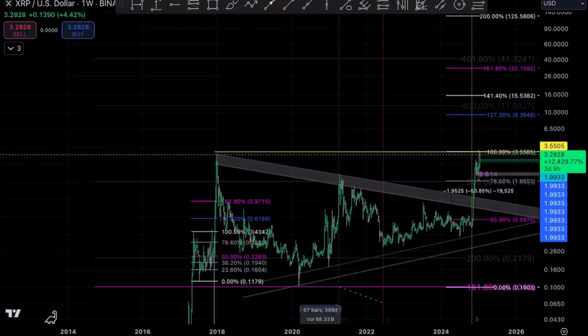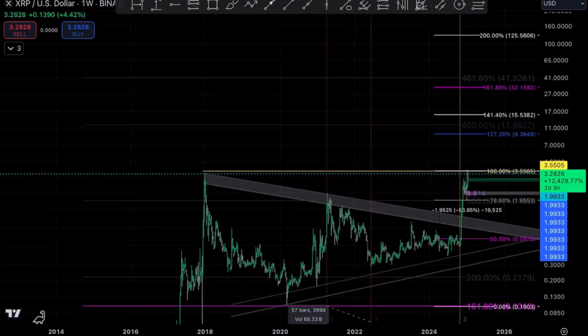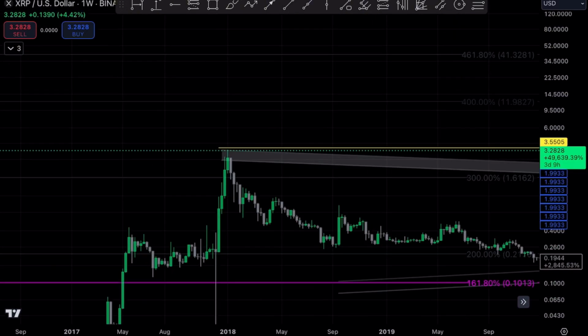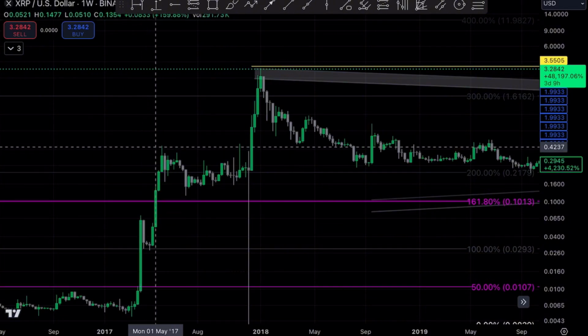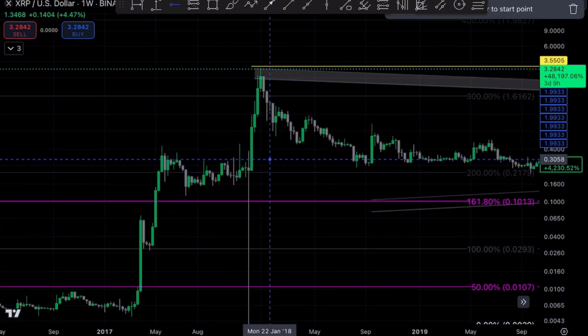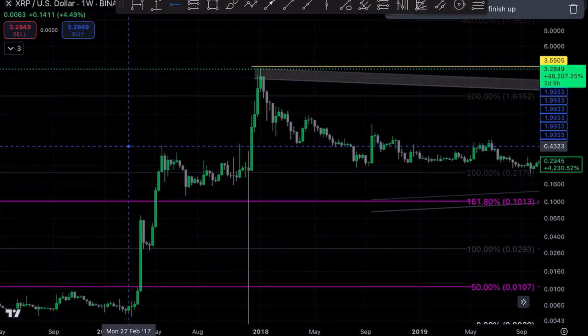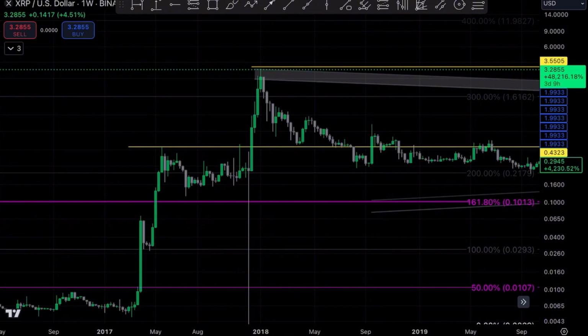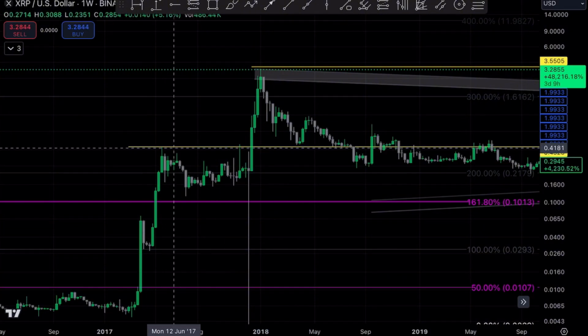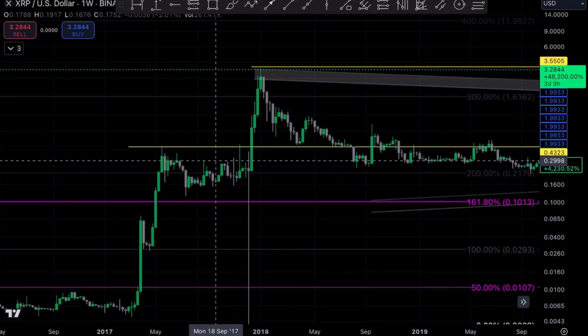There was a point in time where it had an all-time high before, and this was an all-time high at one point right here, and I'll put a little ray right there. Yeah, so where I just drew that second yellow line right here.